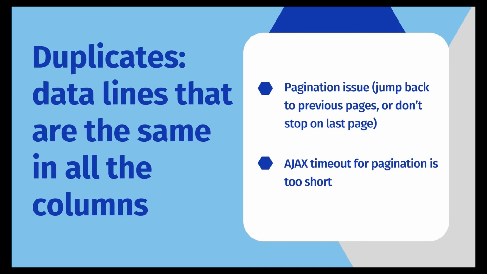This can also be resolved by modifying the pagination XPath. Another possible reason is when scraping multiple pages, the AJAX timeout of the pagination is too short, so we need to extend the AJAX timeout for the click to paginate.